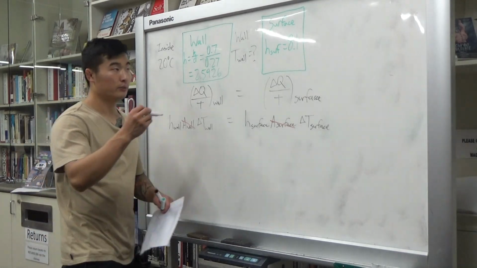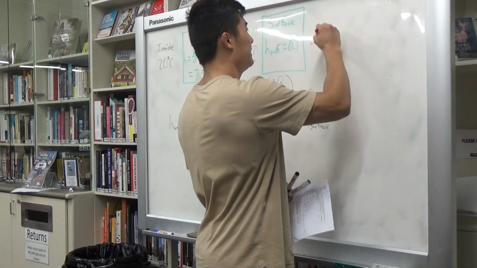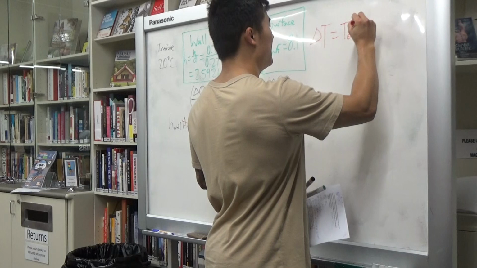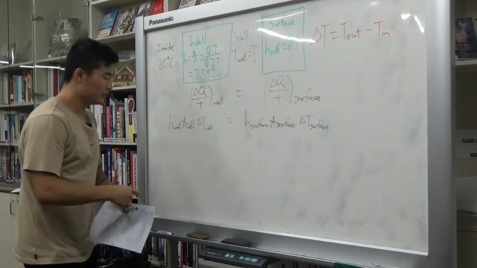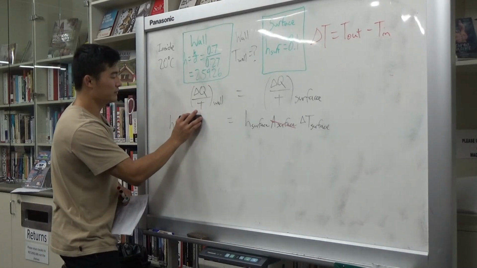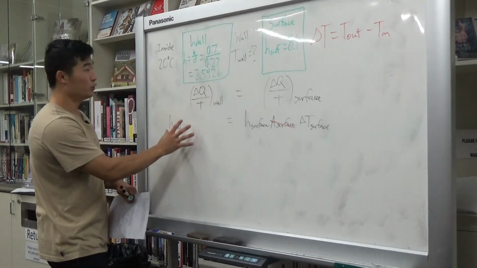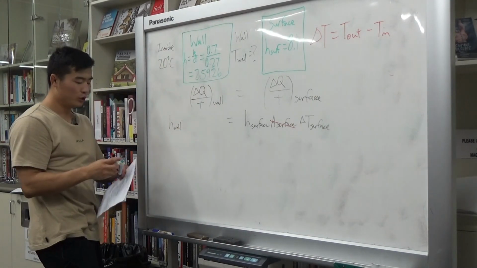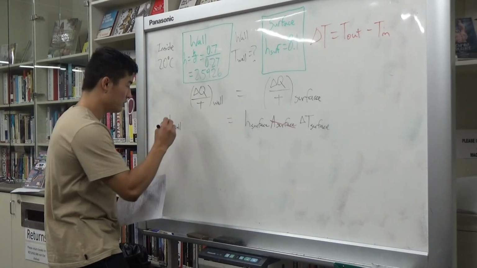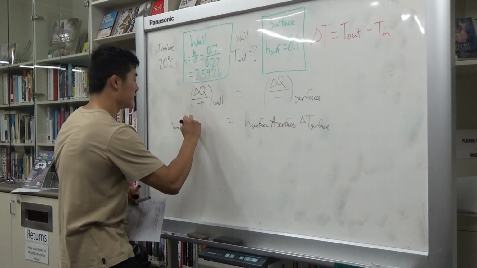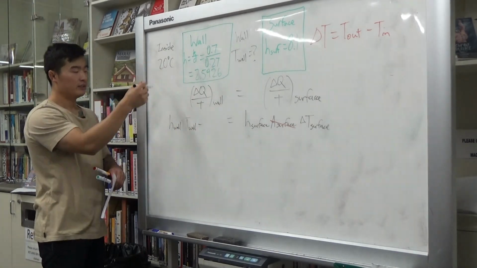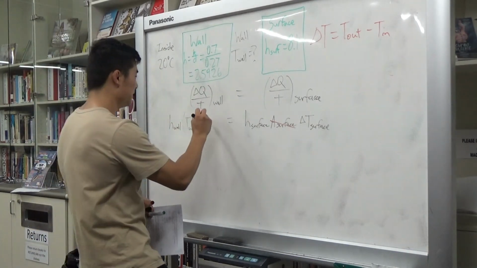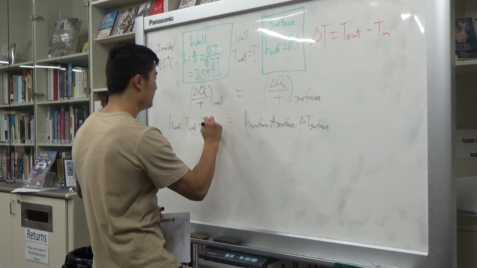And then we have to replace delta T with T outside minus T inside. Okay, so again, we'll do that. So for the wall, the outside is going to be the T wall, and the inside is going to be the inside wall temperature, which is T inside.